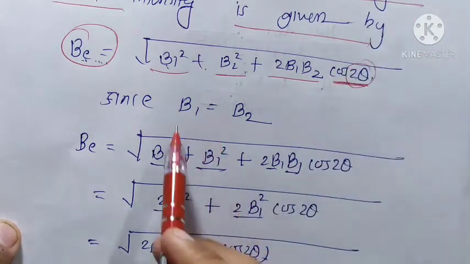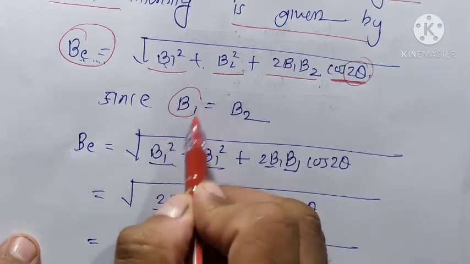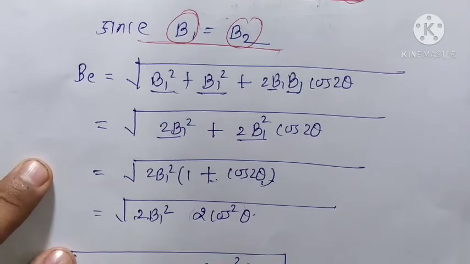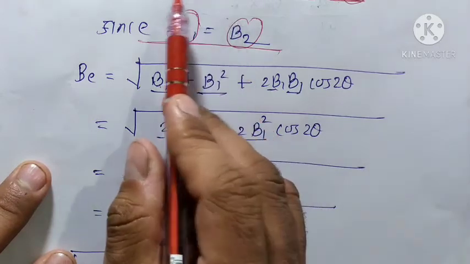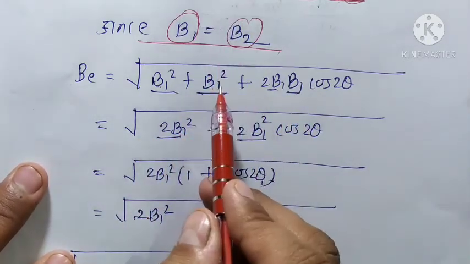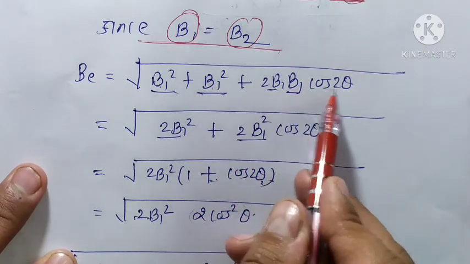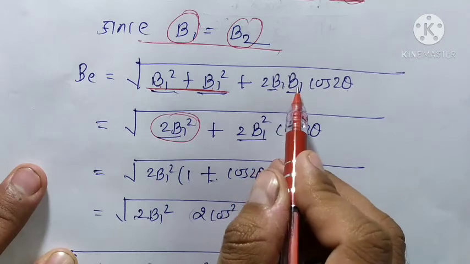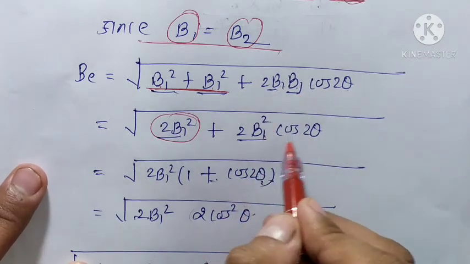We already know that the magnitudes of B1 and B2 are the same, so instead of B2 we put the value of B1 here. So B1² + B1² + 2 B1 B1 cos 2θ. Finally it becomes 2B1² (1 + cos 2θ).